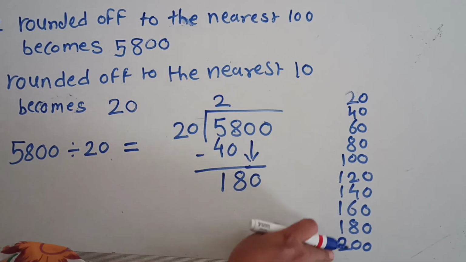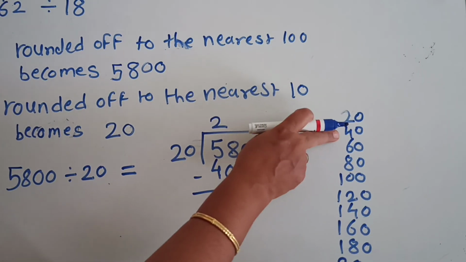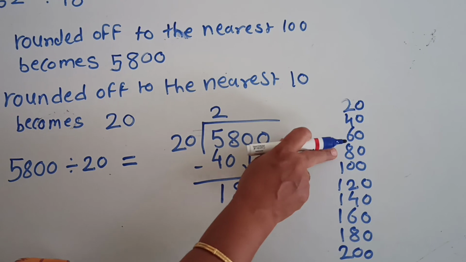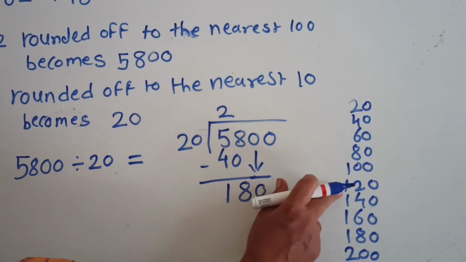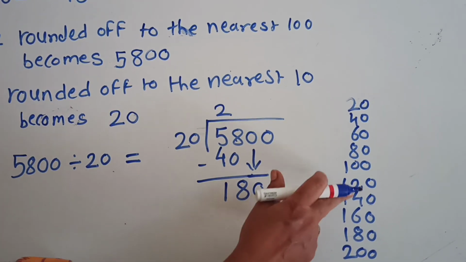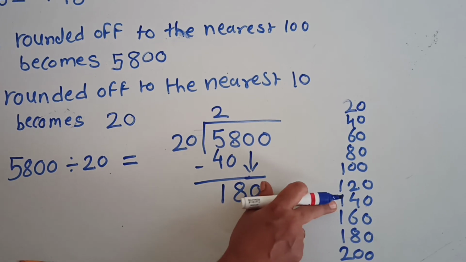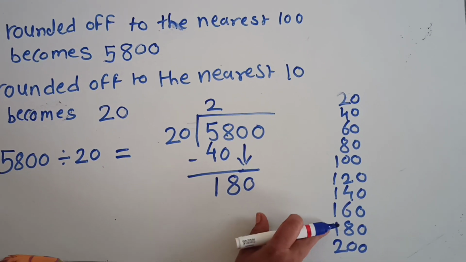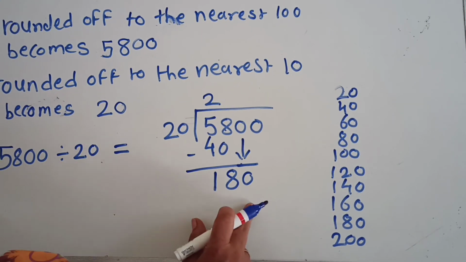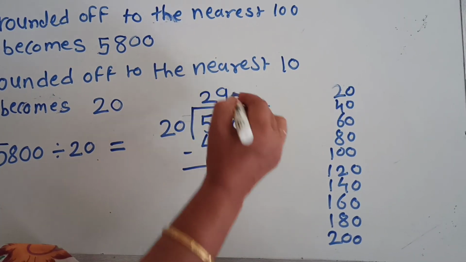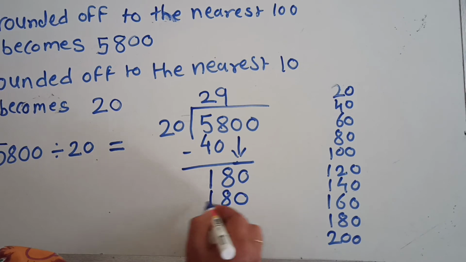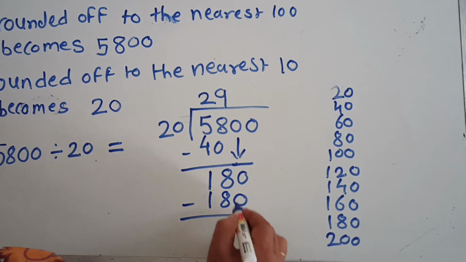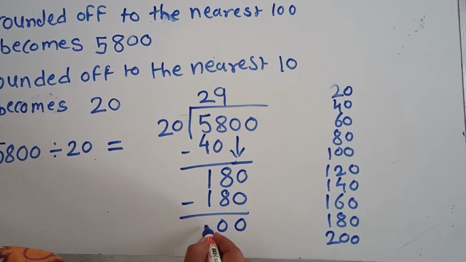Here is the table of 20. 20 ones are 20, 20 twos are 40, 20 threes are 60, 20 fours are 80, 20 fives are 100, 20 sixes are 120, 20 sevens are 140, 20 eights are 160 and 20 nines are 180. So 20 nines are 180. 0 minus 0 is 0, 8 minus 8 is 0, 1 minus 1 is 0.